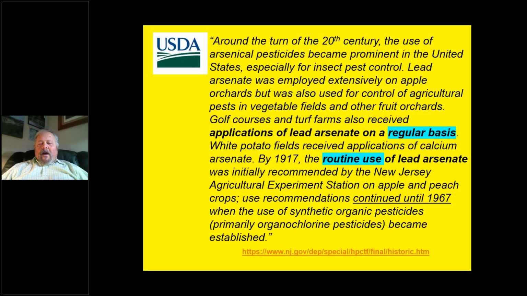So for about 50 years, what this is saying is that on a kind of regular basis, which could very well have been a calendar basis, X number of days, that kind of thing, is when these kind of products, of which initially they were fairly limited, started to be used. So it was a matter of you use them, but it wasn't necessarily a matter of use them if you need to because something's there.